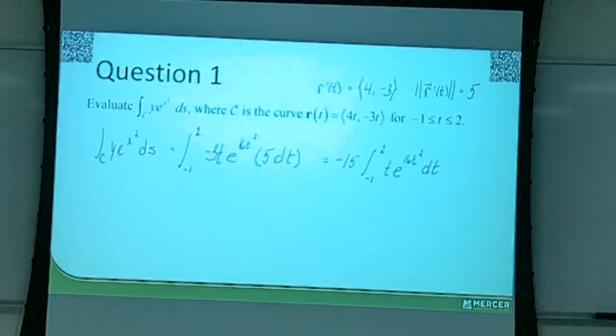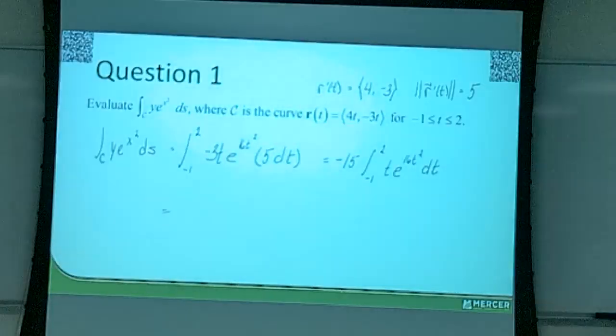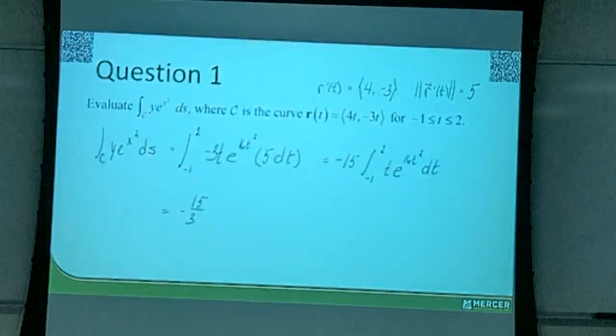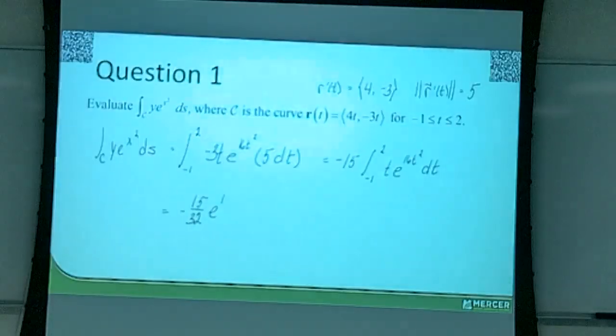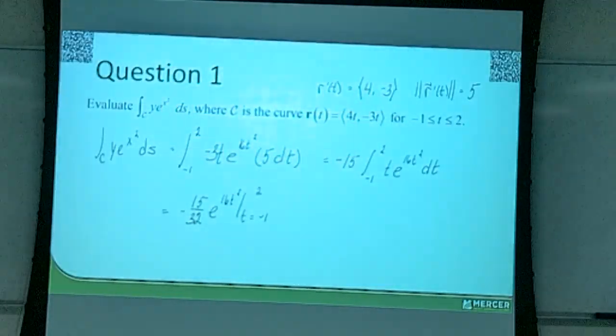That's a simple one. u is 16t squared, du is 32t. Negative 1/32 e to the 16t squared, evaluated as t goes from negative 1 to 2. What's 2 squared? 4. 4 times 16.